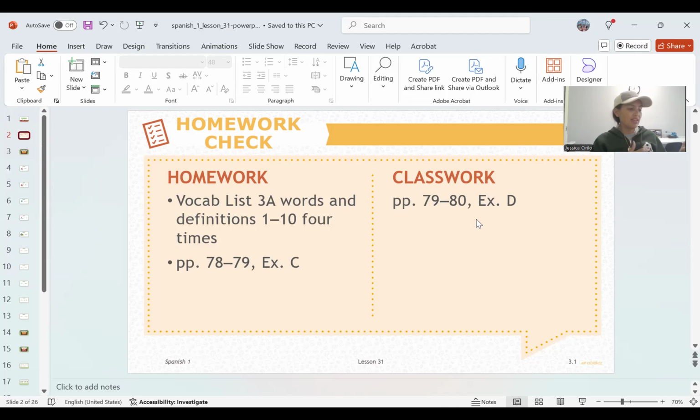The subject there is los estudiantes, right? So you know it's plural and you know it's masculine. So for plural and masculine, you use ellos, right? Ellos. Okay, that's why the pronouns are so important. So if you don't know them, go back and review them.